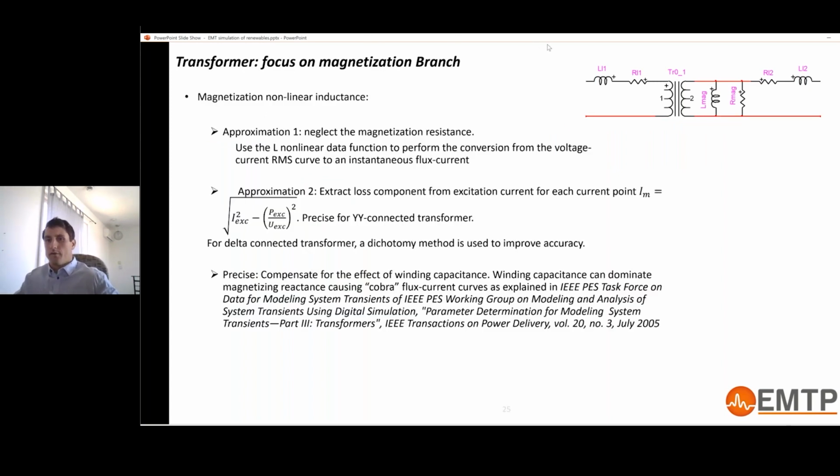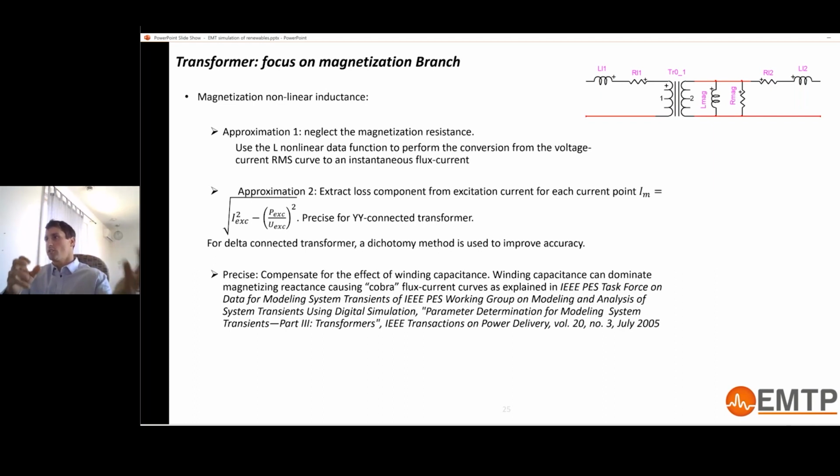Okay, so far we have explained how to find the inductance. This resistance here, I skipped actually, sorry about that. To find it, you have two options. You can either have the ratio X over R and then calculate R with that, or you may have the load losses.